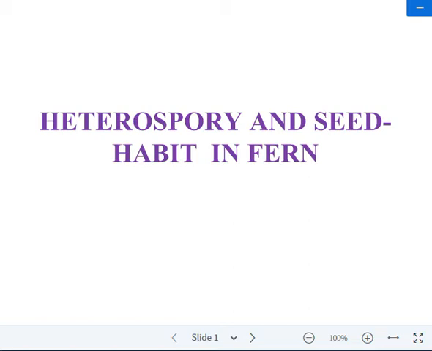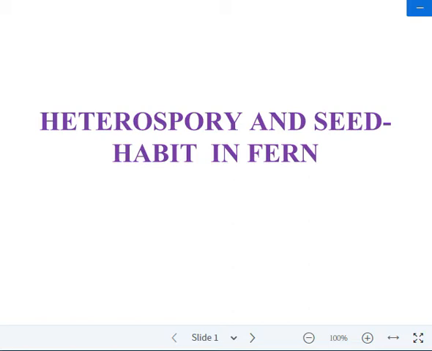On the other hand, in case of heterosporous fern, two different shapes and sizes of leaves are developed. The smaller leaves are known as microsporophyll and larger leaves are known as megasporophyll. On the under surface of microsporophyll there develops microsporangium, and on the under surface of megasporophyll there develops megasporangium.